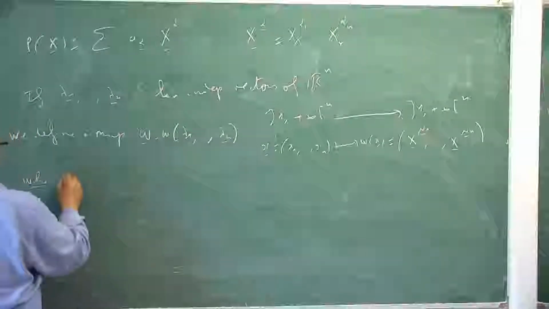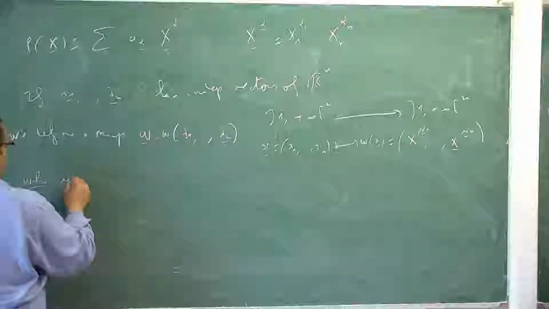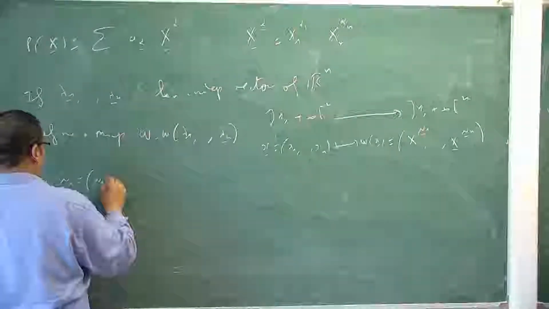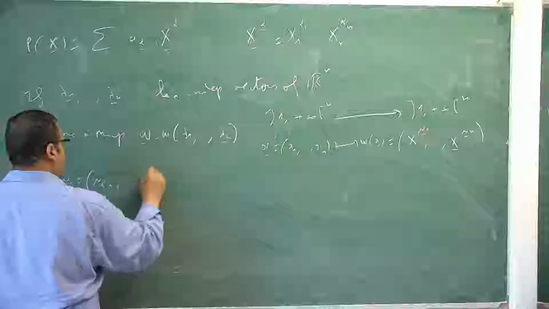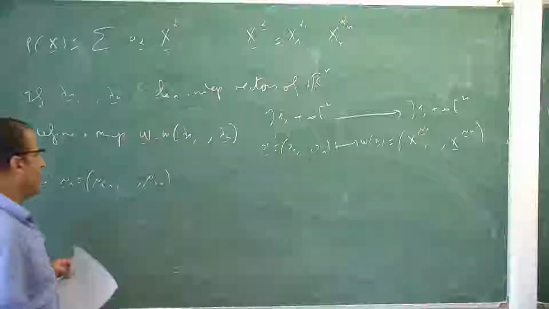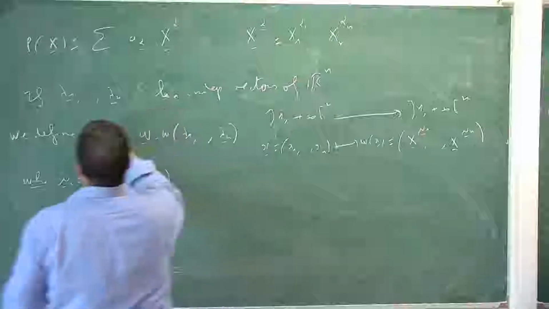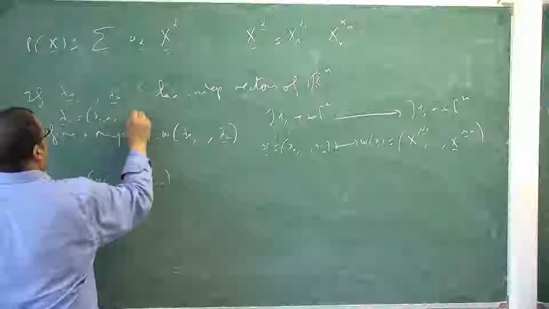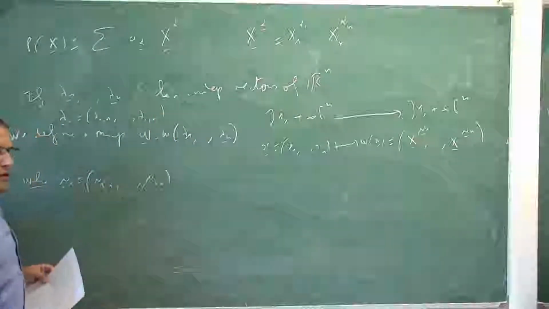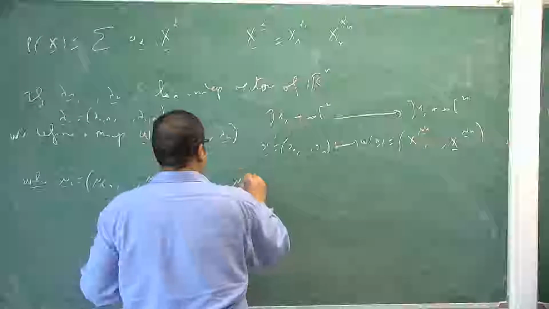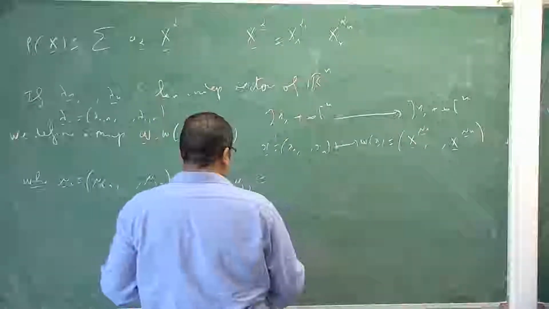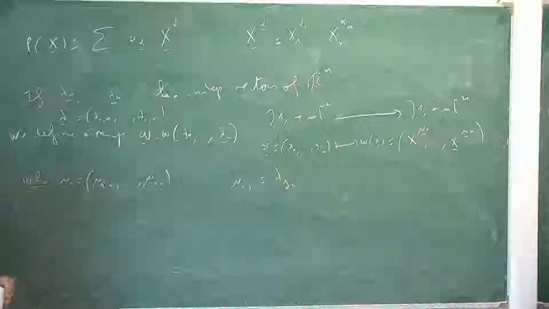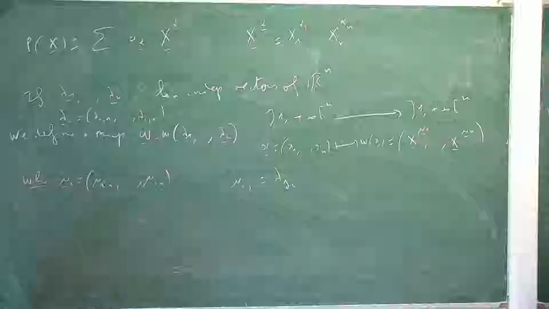where, if you write mu i as a vector mu i1, etc., and if you write your vector lambda i as lambda i1, ..., lambda in, then this is only the transpose. We have the link between the mu ij and lambda ij: the matrix of the mu ij is the transpose of the matrix of the lambda ij.